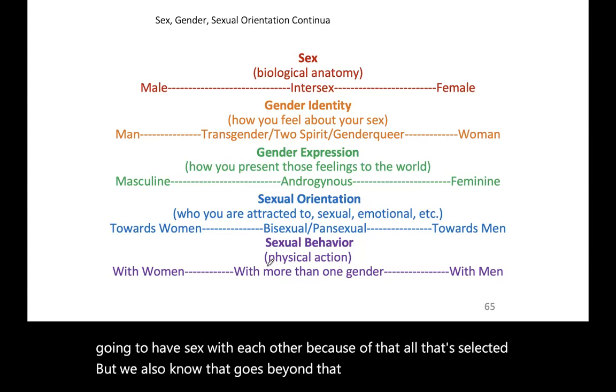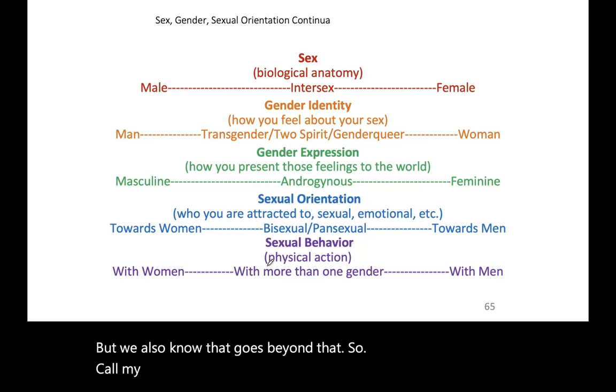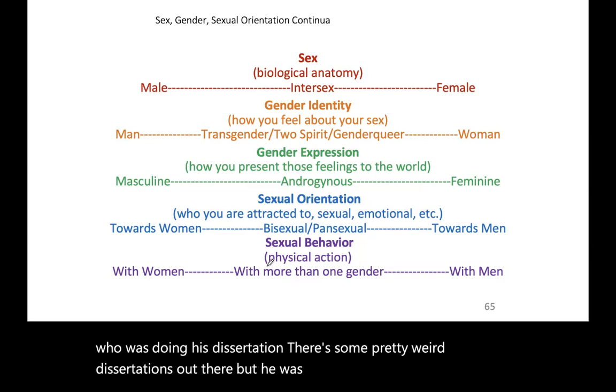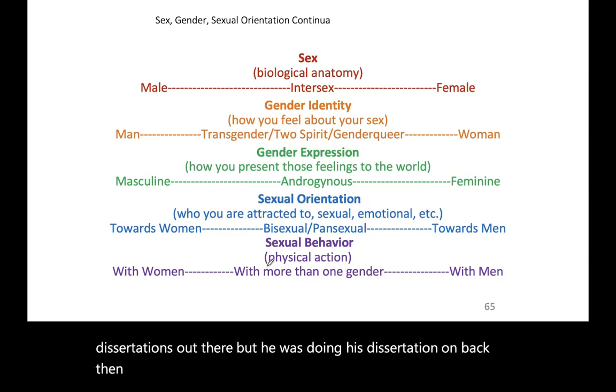So I wouldn't call him a colleague anymore, but I had an individual in graduate school who was doing his dissertation. There's some pretty weird dissertations out there. But he was doing his dissertation on, back then on Craigslist, they used to have personal ads. Okay.